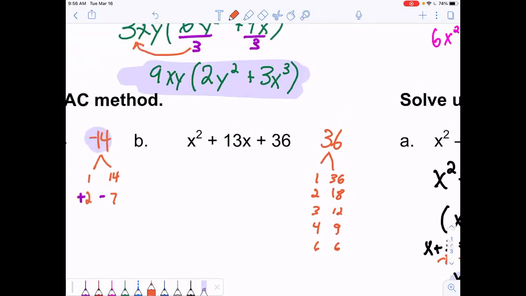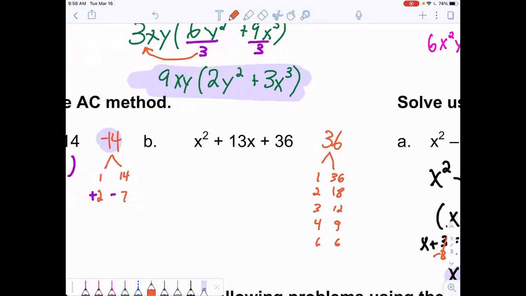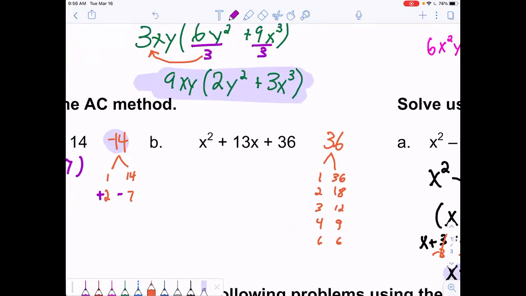For that part B, I just factored for you. What's the solution there? Which one of those factors adds up to give you 13? They're both going to be positive because 36 is positive, and then you add to 13, which is positive. Which one of these sets of factors add to 13?